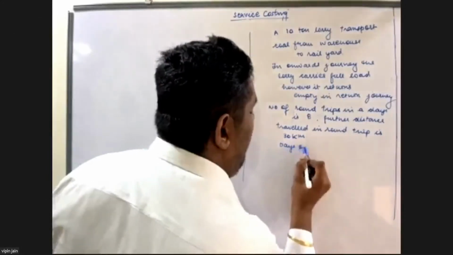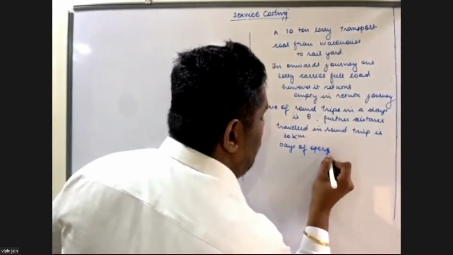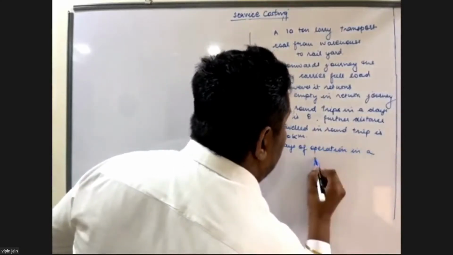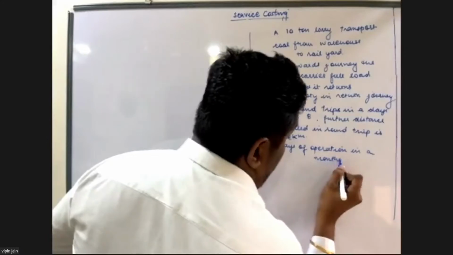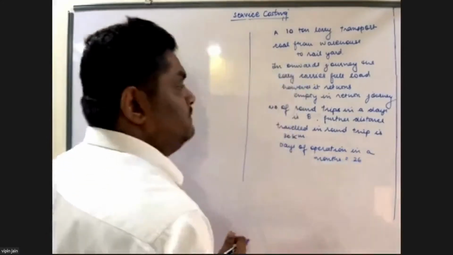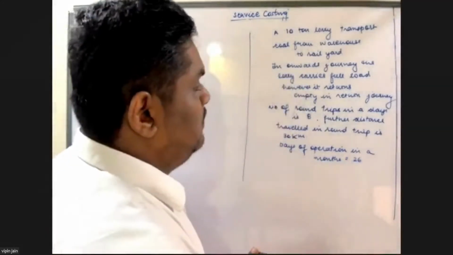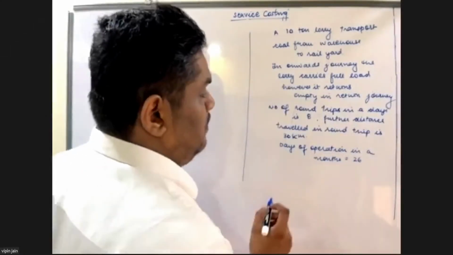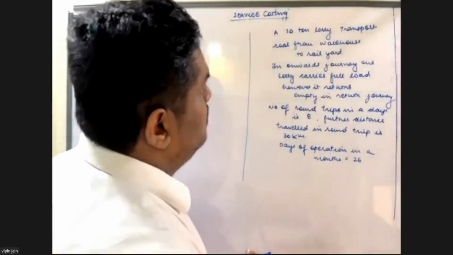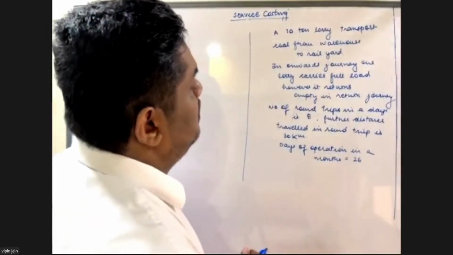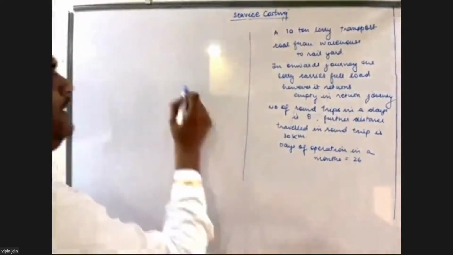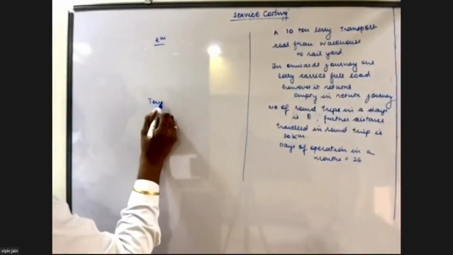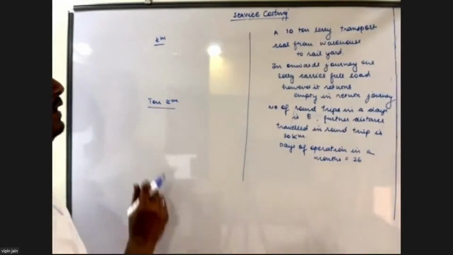Days of operation in a month, 26. You guys have to calculate kilometers and ton kilometers for a lorry.